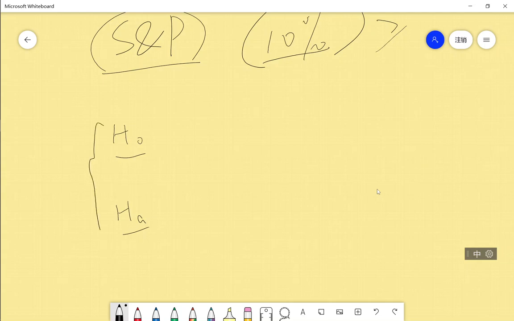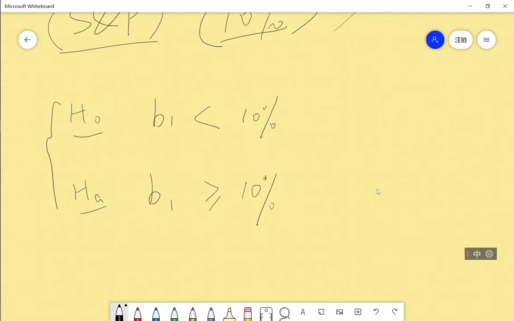So the null hypothesis will say that B1, if I'm working with B1 here, B1 is less than or equal to 10%, and the alternative hypothesis is B1 bigger than 10%. All right.